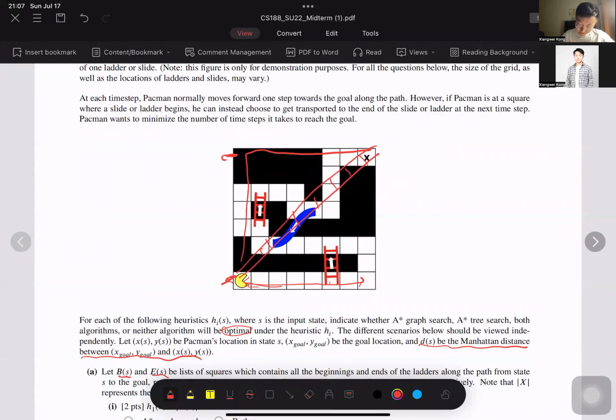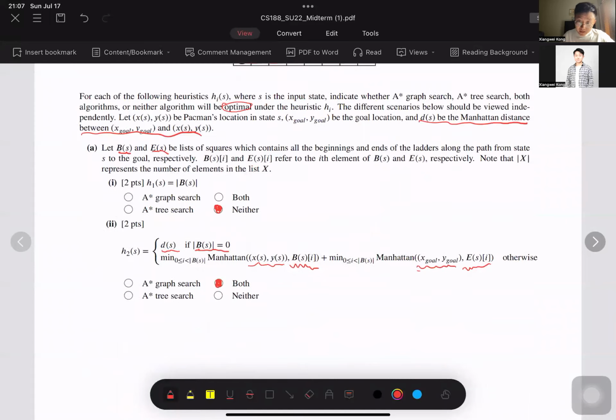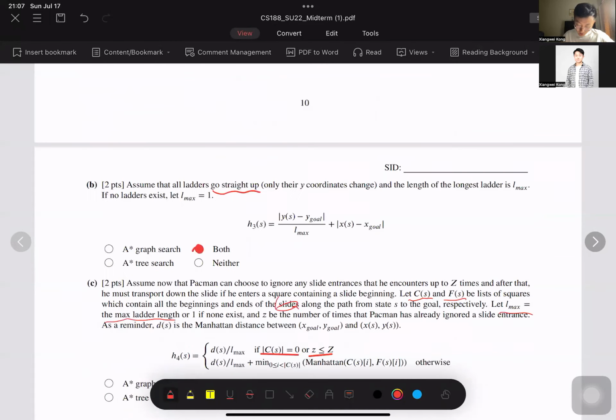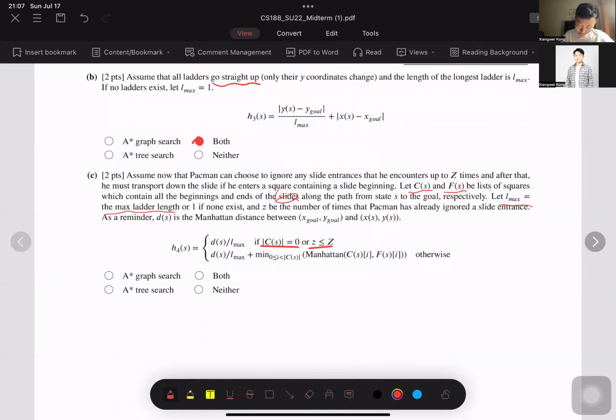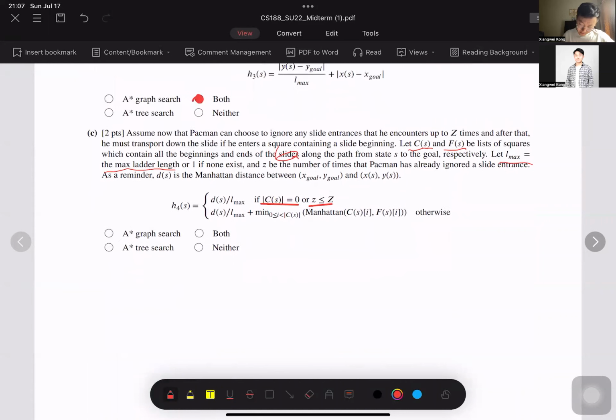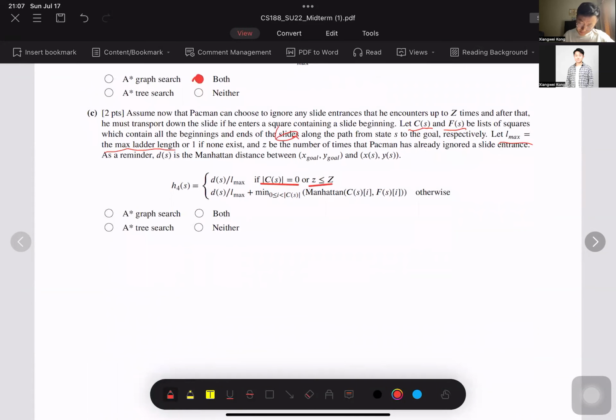Because they form a triangle, this will be larger than 1. So the heuristic is sometimes an overestimate of the true cost, so this one makes sure it will not be optimal.